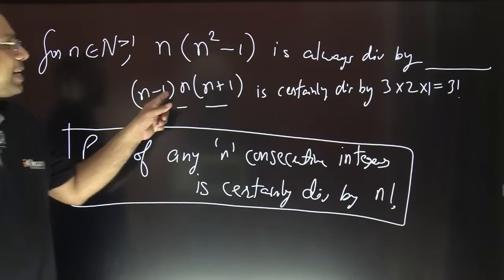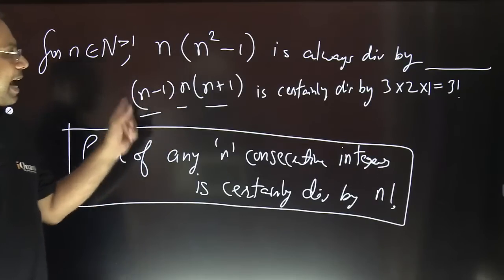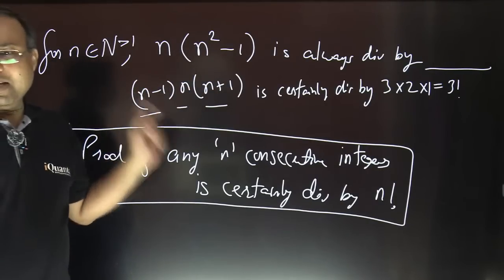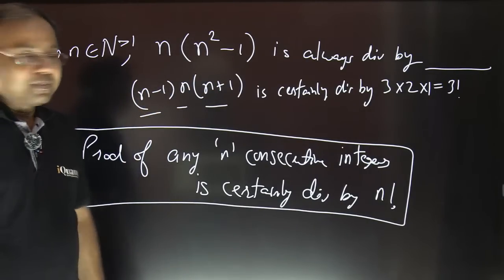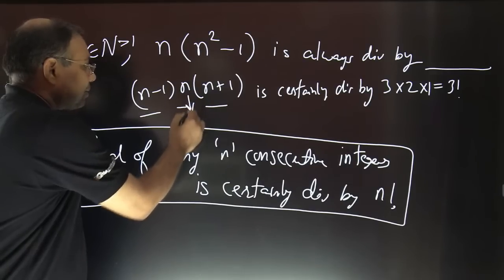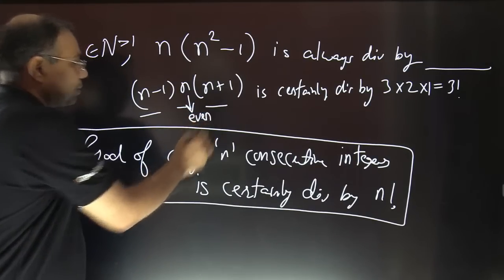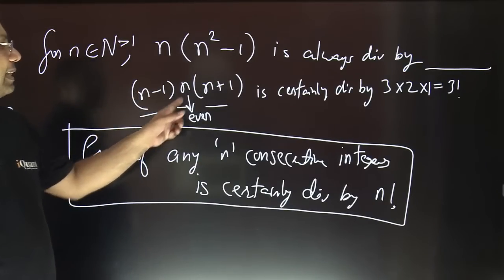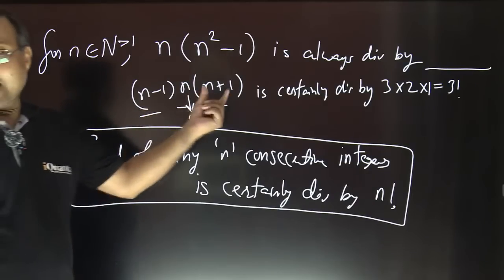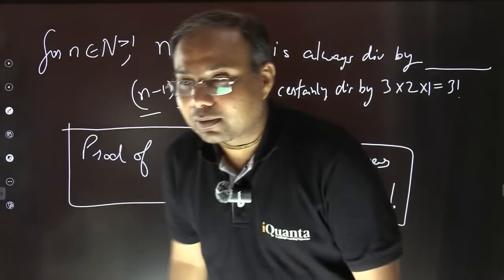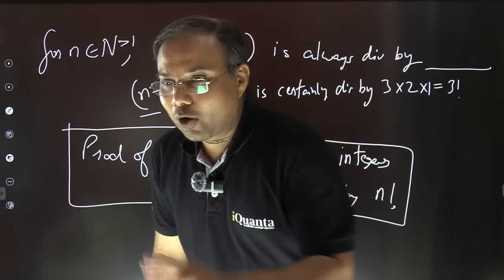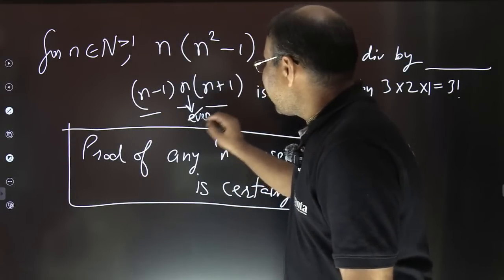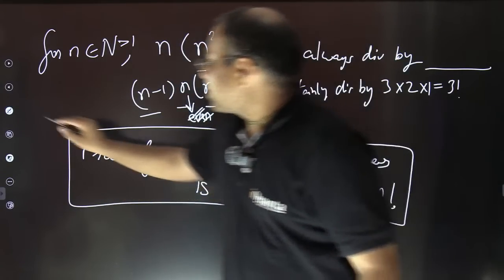If n is even, in that case, can any of the other two numbers be even? No. In that case, n minus 1 is certainly odd, n plus 1 will also be odd. Fine? Okay. Next case.